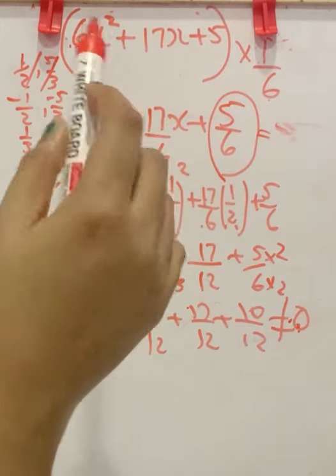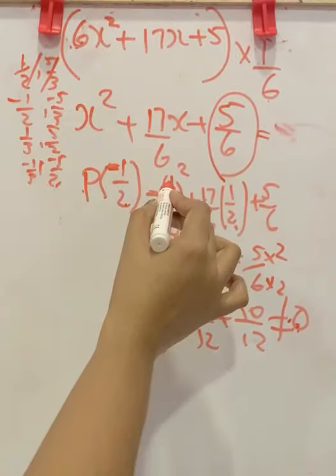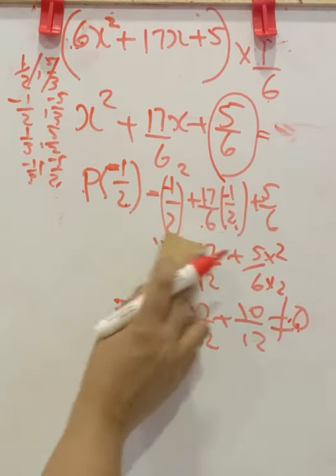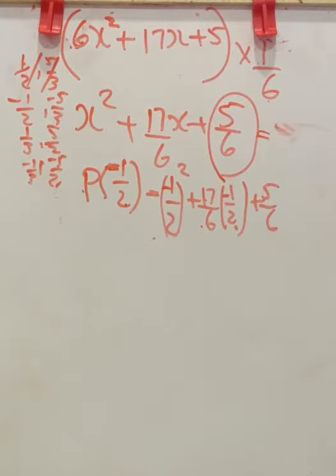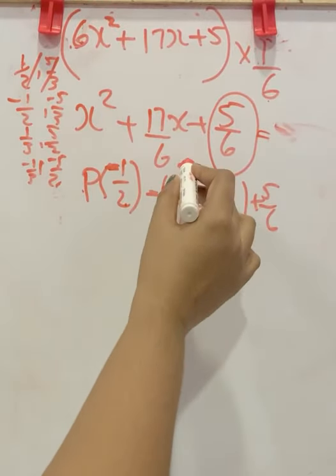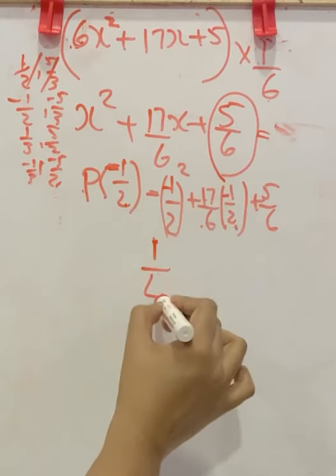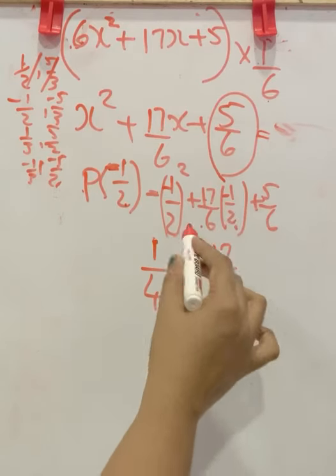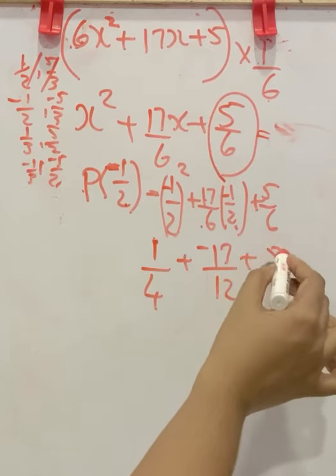Now let us check p of minus 1 by 2. It becomes minus 1 by 2 square, plus 17 into minus 1 by 2. Here negative 1 square is 1, by 2 square is 4, plus 17 into negative 1, minus 17 by 6 twos are 12, plus 5 by 6.